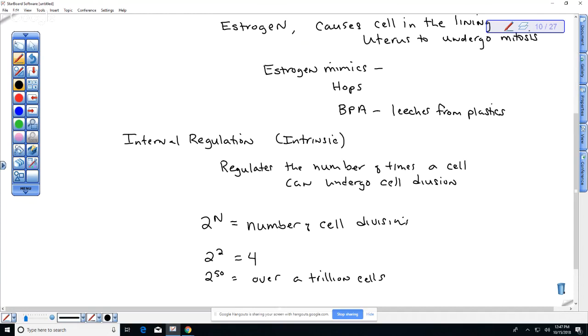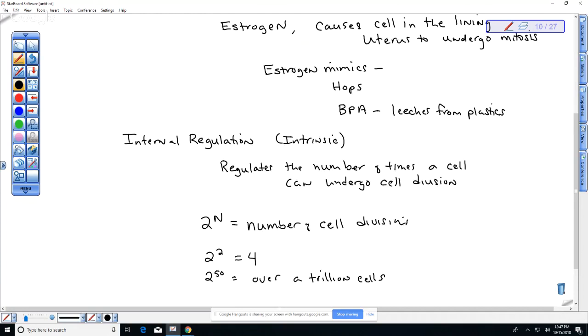So we all start out as 1 cell, and if those cells divide and you follow them along, how many divisions? You only really need 50 cell divisions in all of them to produce the number of cells we have in our body. And so this seems to be a common total number: 50, the total number of times a cell can undergo cell division.